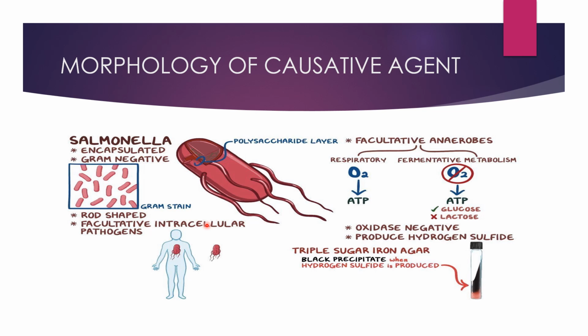They are facultative anaerobes, but actually they are aerobic in nature. They are non-sporulated, not capsulated, and oxidase negative. They produce hydrogen sulfide in triple sugar iron agar. They form a black precipitate when hydrogen sulfide is produced.